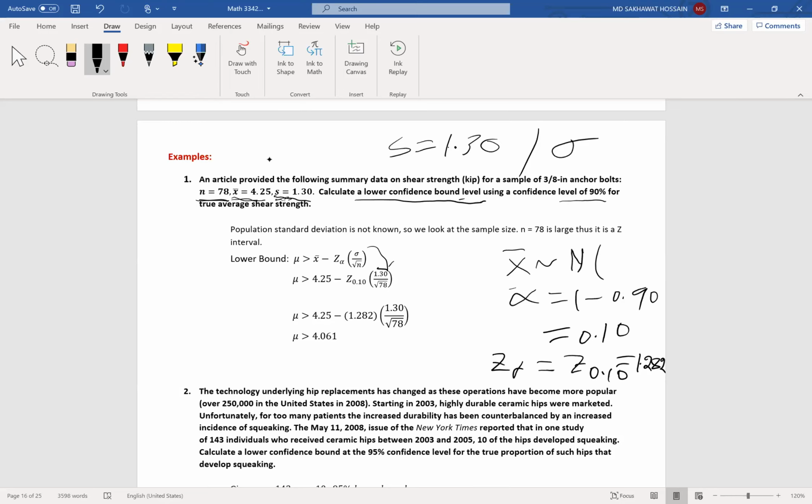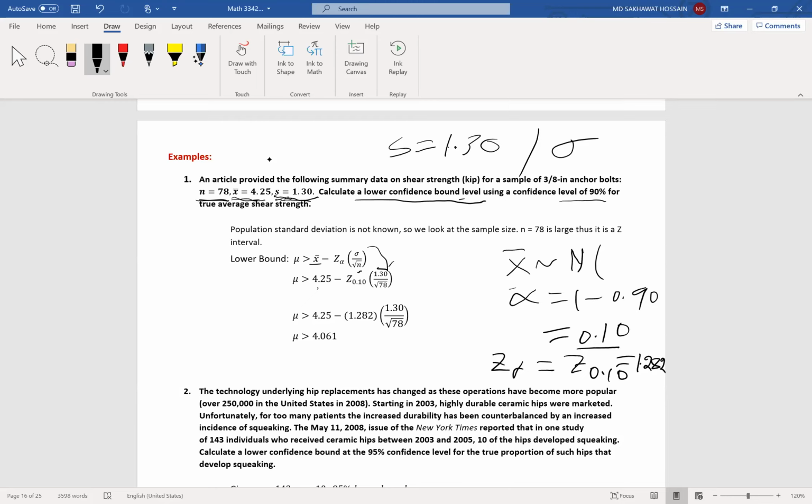So the lower bound is mu greater than X bar minus Z alpha times sigma over square root of n. X bar is 4.25 minus Z 0.10, and sigma is estimated by S, which is 1.30, divided by square root of n.